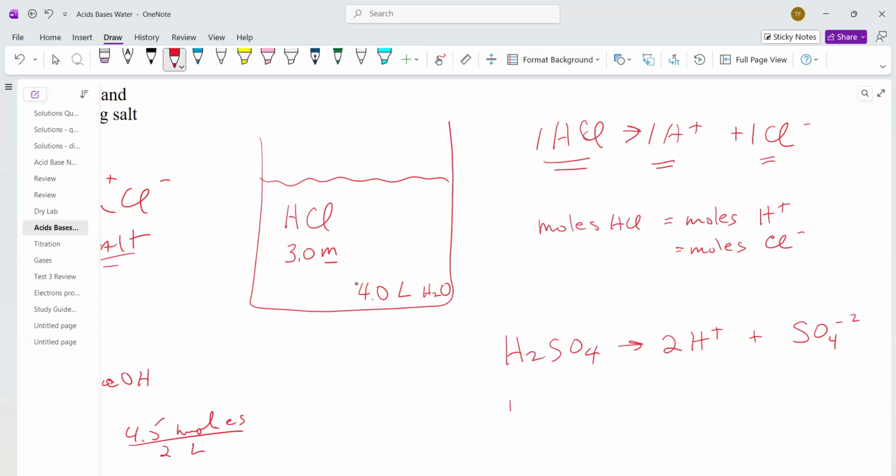So in this case, this is called diprotic, versus monoprotic.